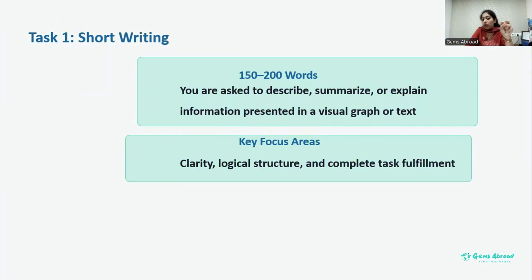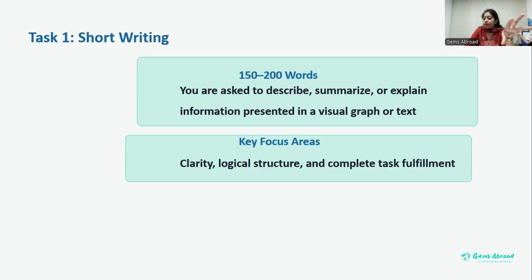Actually, the key focus area is clarity, logical structure, and complete task fulfillment. The goal is to show your ability to present the information clearly, logically, and in an organized way. So, how will you do this task?